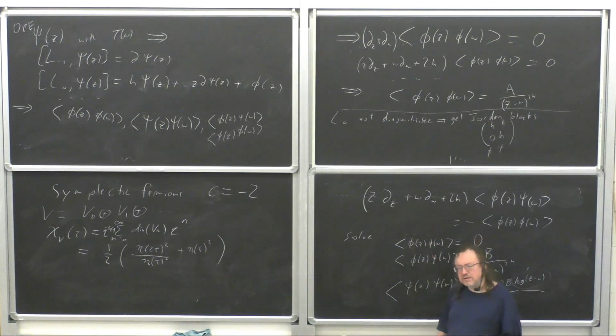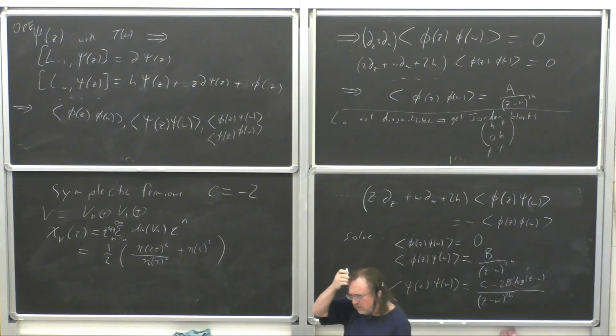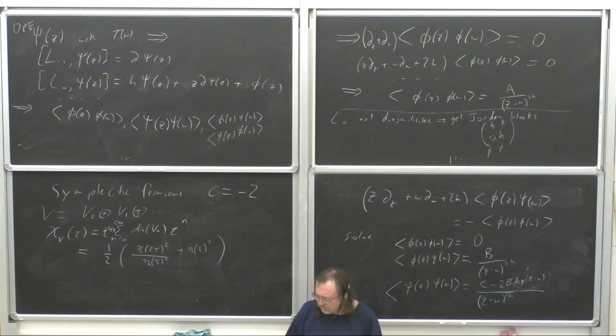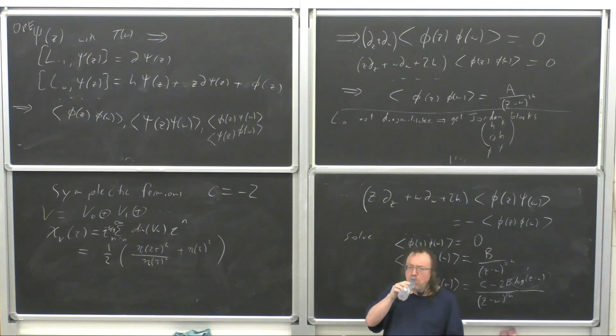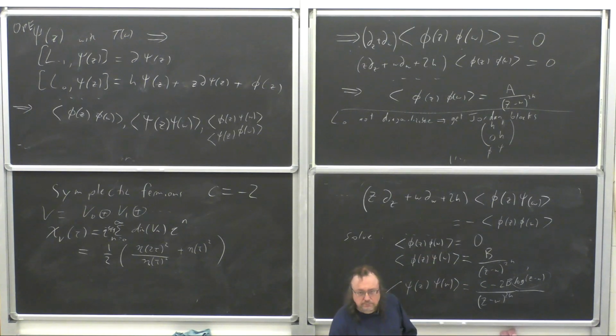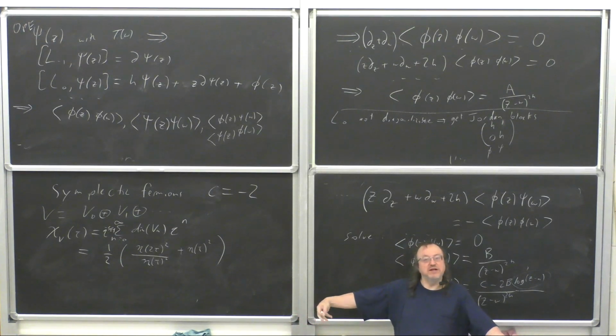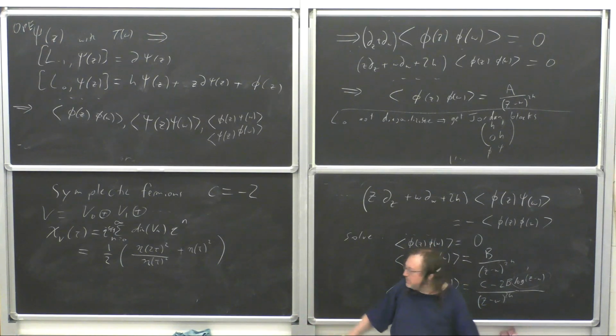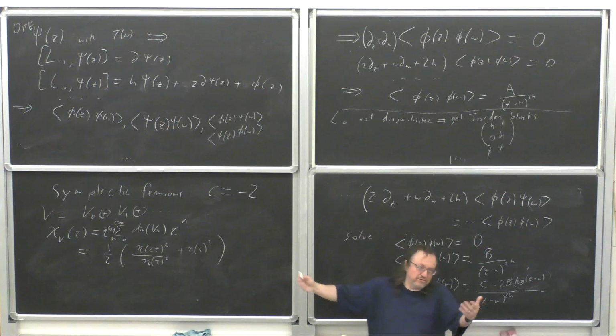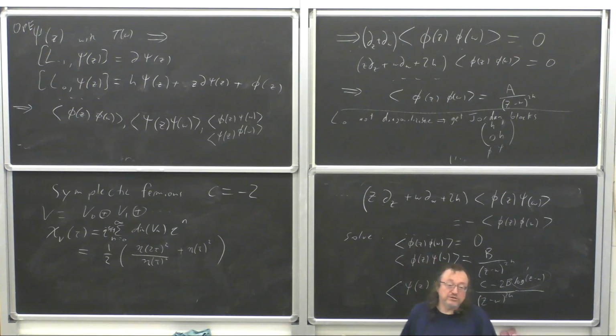Is there anything slightly interesting or slightly bad about this that anyone can spot? So one thing is this is going to be modular. This is going to have beautiful modular properties because it's built up out of perhaps the greatest of all modular forms.